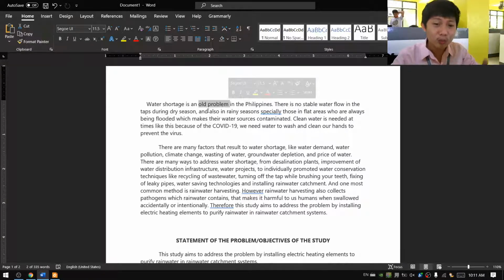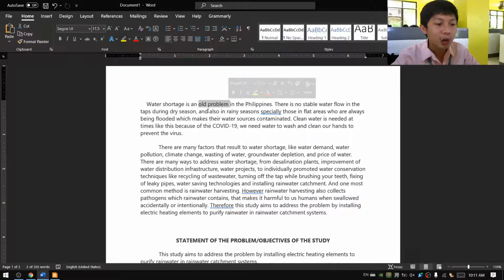So those amount of people cannot be served by the water supply anymore. So water shortage is not a problem. It's overpopulation. So overpopulation is the problem, not water shortage. So obvious that's the most logical reason. Okay, so water shortage is not an old problem in the Philippines because water shortage is an old problem in other countries. So you make it specific.